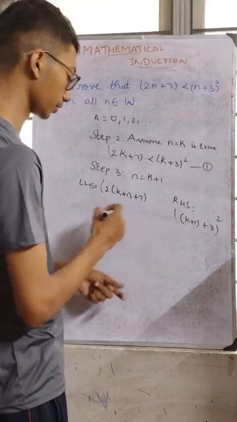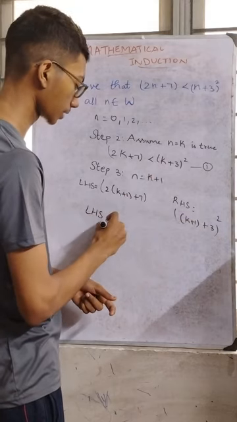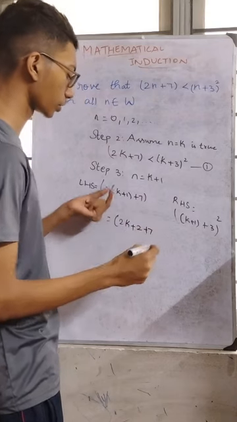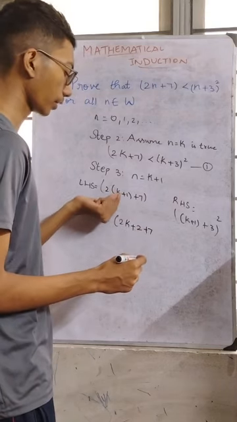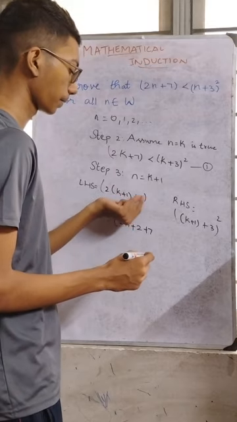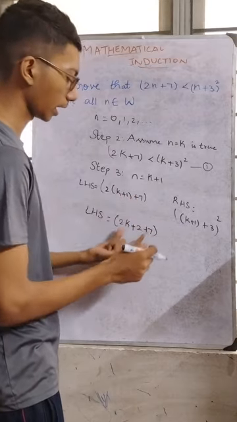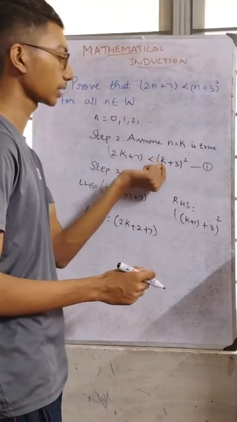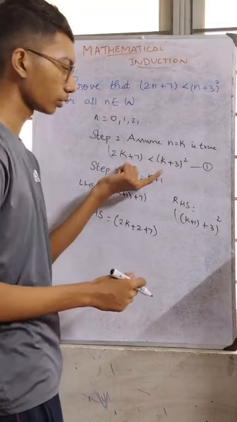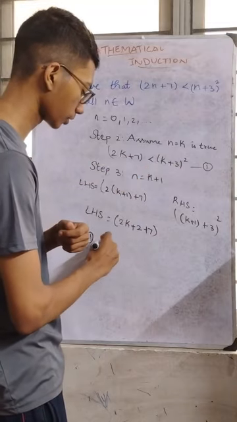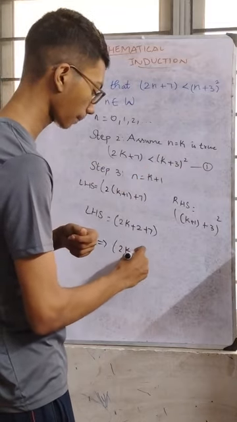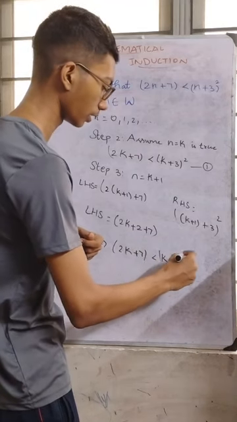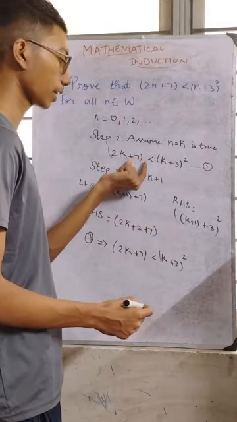So we'll take the LHS first. Distributing the 2 inside, we have 2k plus 2 plus 7. We can get this from 2k plus 7 less than (k plus 3) the whole square, the expression we assumed.